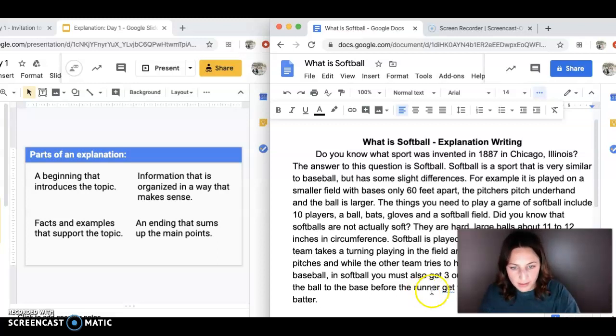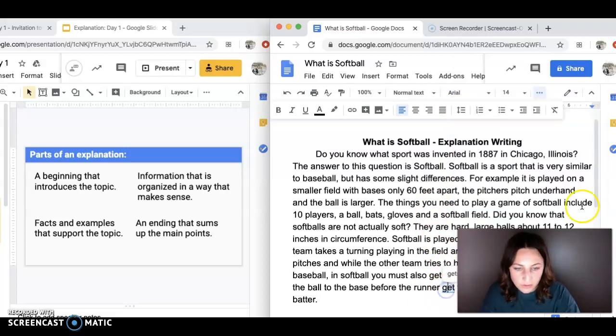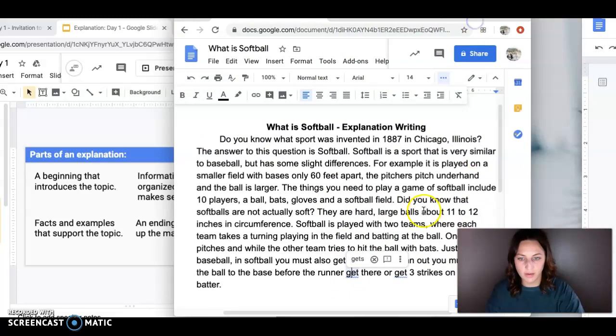Oop, I see that I have a few errors where I forgot to include some stuff, so you want to make sure that you are able to go back and correct as you go.